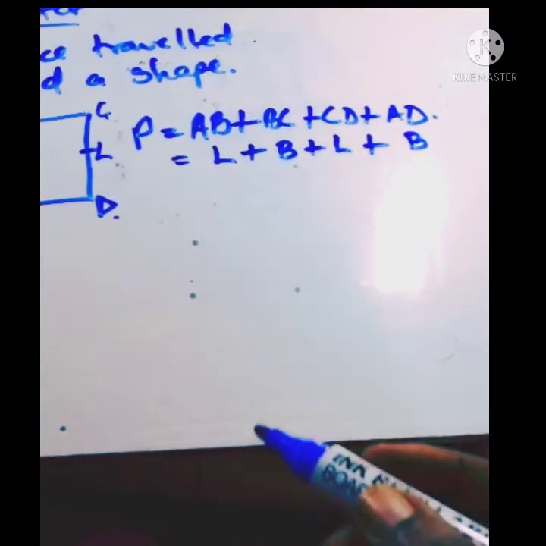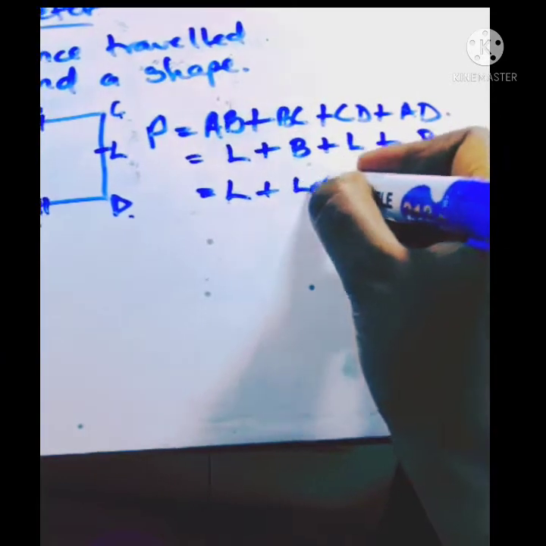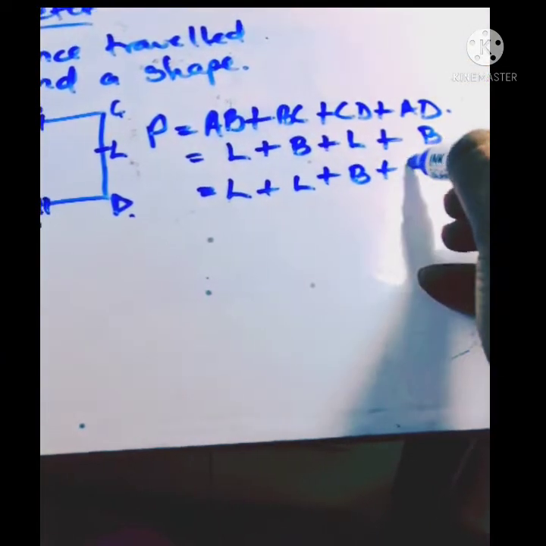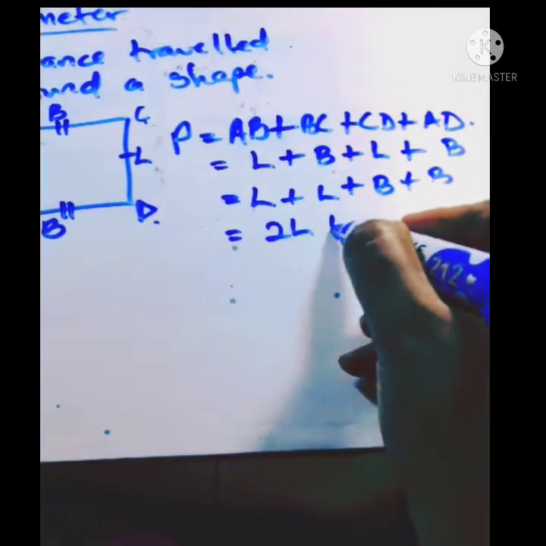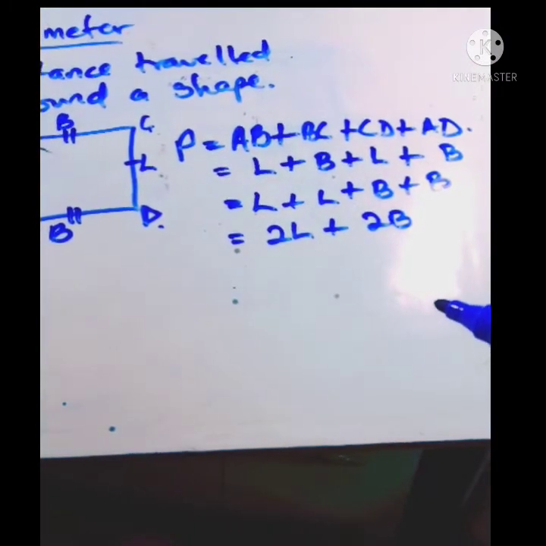If we take like terms together, what will our perimeter be? We have L plus L, and B plus B. Remember, L plus L is 2L, B plus B is 2B.